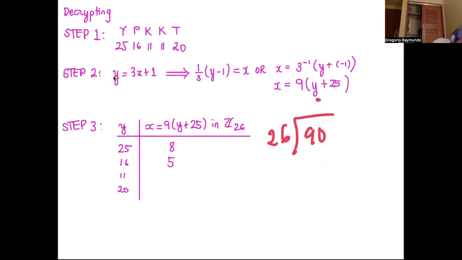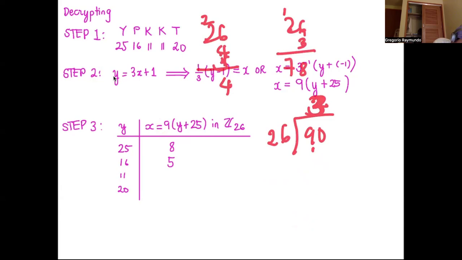Let's try 26 times 4. 26 times 4, no? 24, therefore 8 na ang hindi, sobra. 3. 26 times 3 is 78. 90 minus 78, 12.